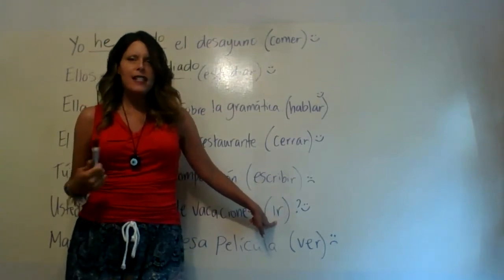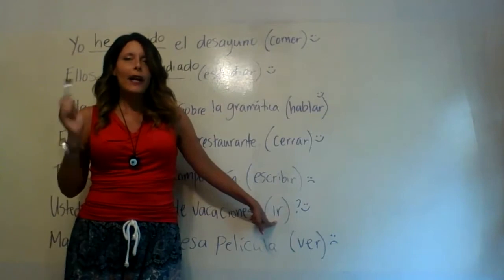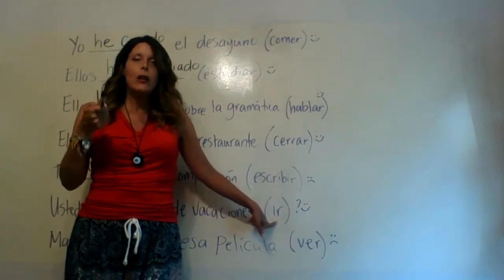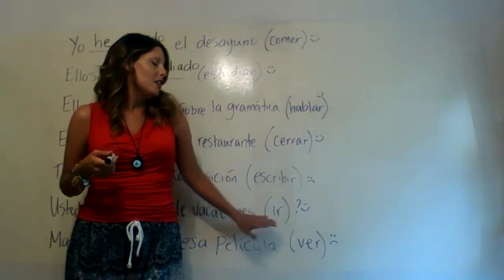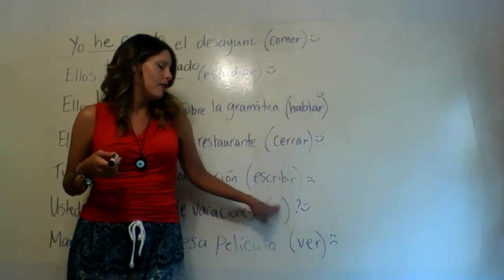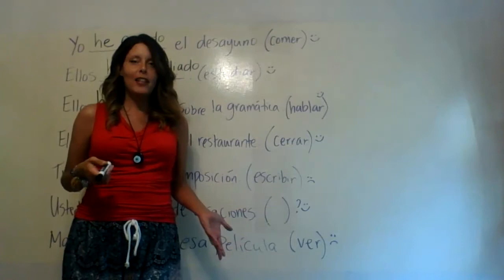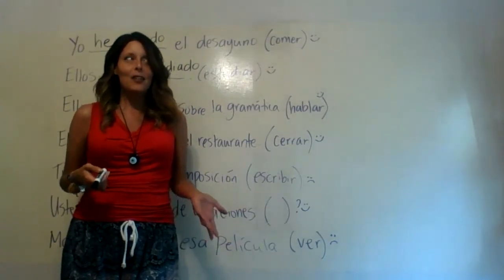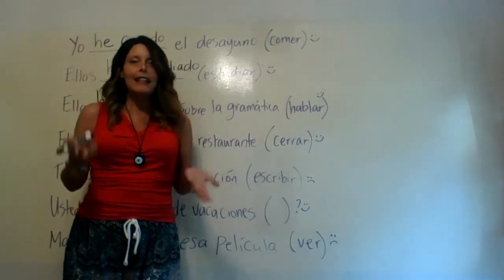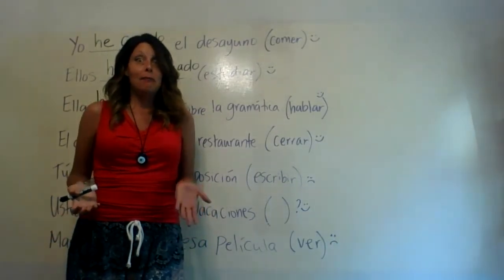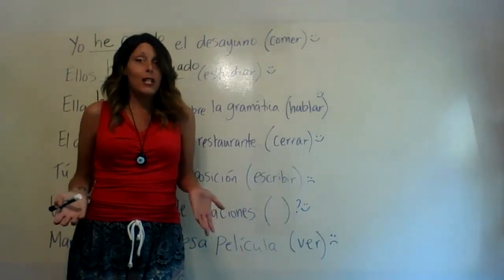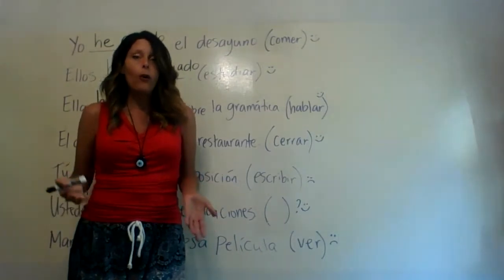Ir, to go, is not an irregular participle, but it might cause you a moment of pause when you're doing this on your own, because technically you chop off the IR, but then you're left with nothing, and then you just add ido, I-D-O, adding it to nothing, and guess what?